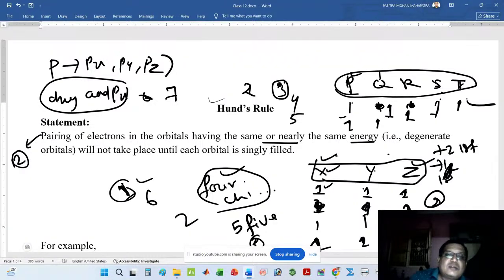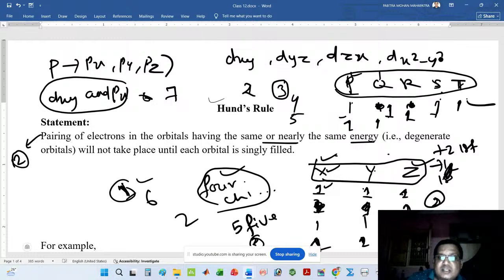You can think about the d orbitals: dxy, dyz, dzx, dx square minus y square, dz square.